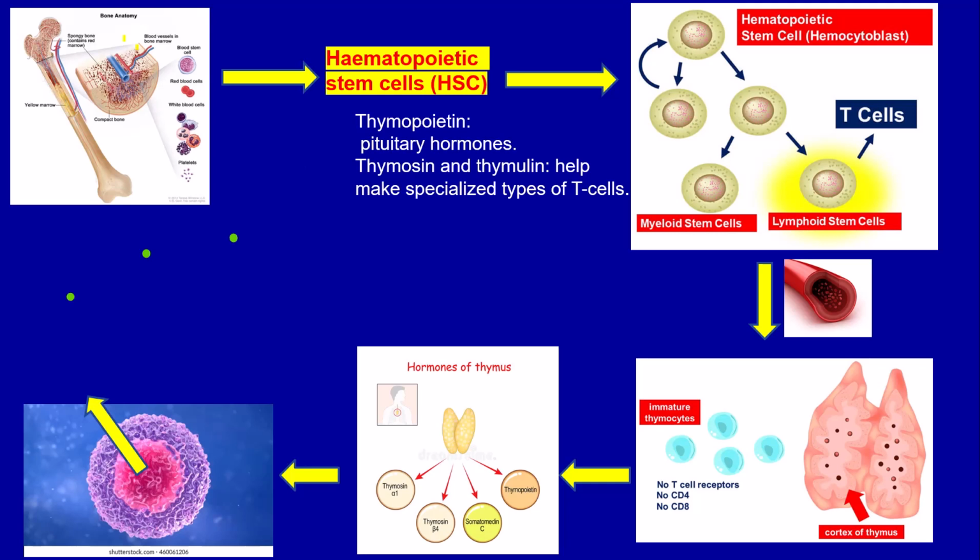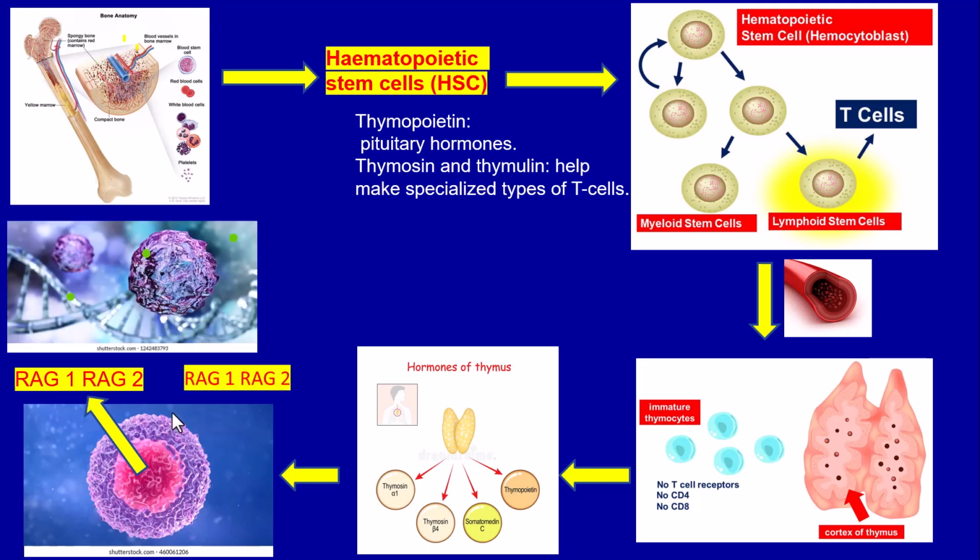Due to this action of these hormones on the nucleus, as the nucleus contains the DNA and chromosomes, RAG1 and RAG2 are produced from the nucleus.